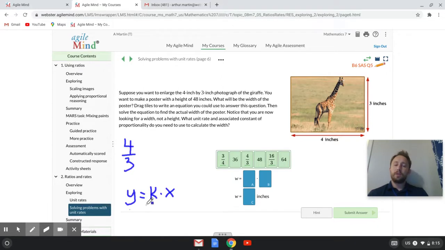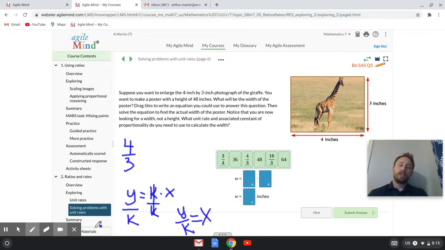I would need to divide by K, or multiply by its reciprocal. So Y divided by K would equal X. Since Y divided by K equals X, we're going to use this knowledge to solve this problem.